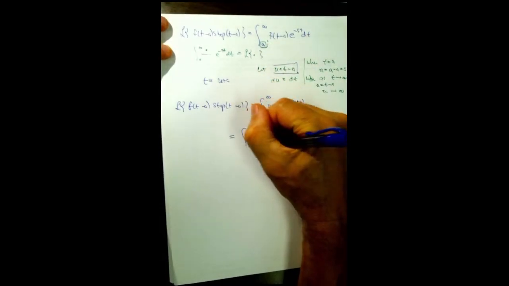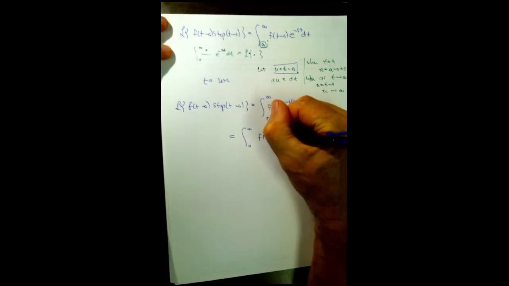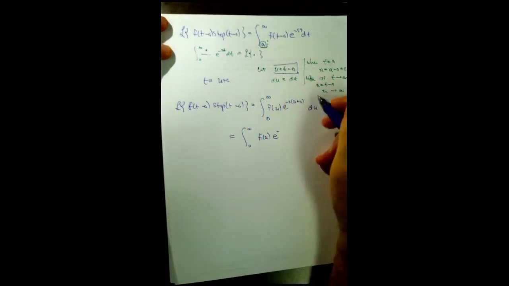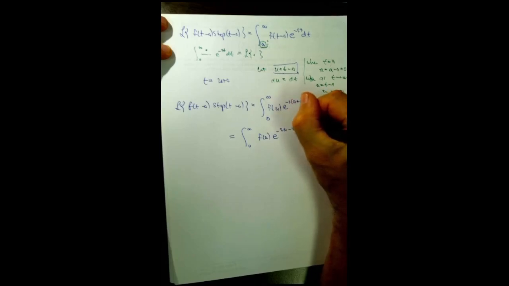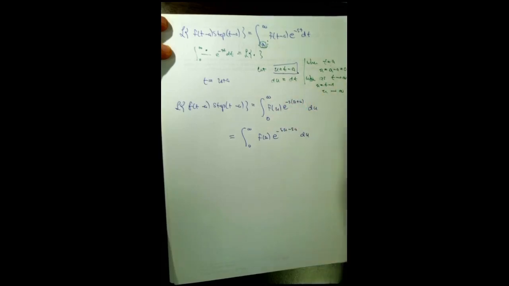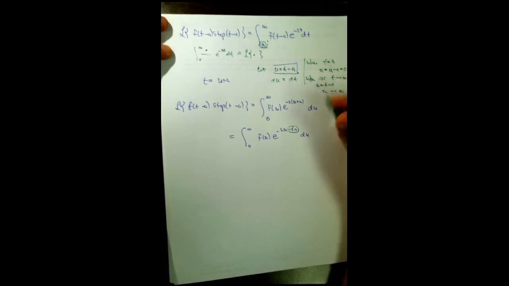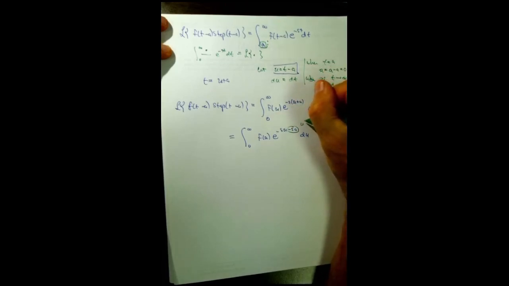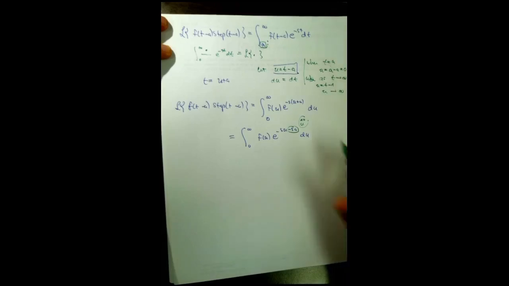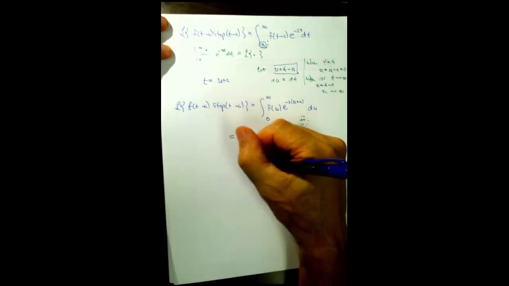So let me rewrite this. Let me multiply that s through. And notice this has nothing to do with u. So I can pull that out of the integral.